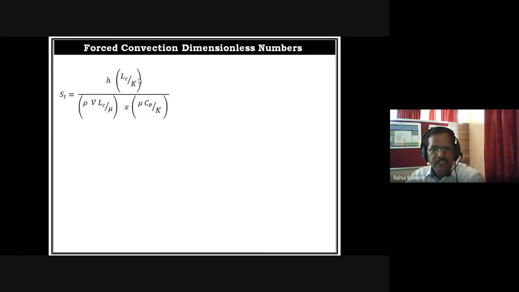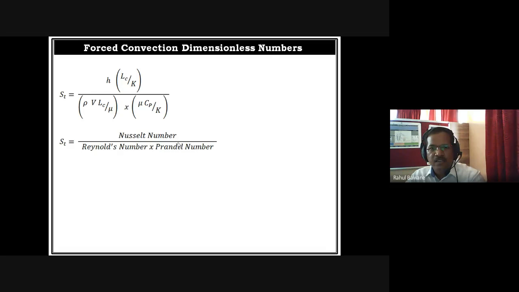So h Lc upon K, we know what this is. Then rearranging, rho V Lc upon mu multiplied by mu Cp upon K. So the numerator is nothing but a Nusselt number.